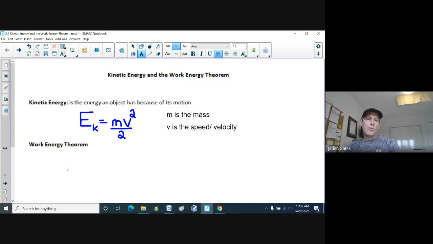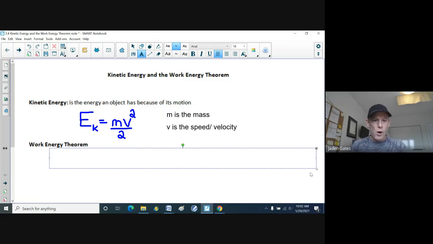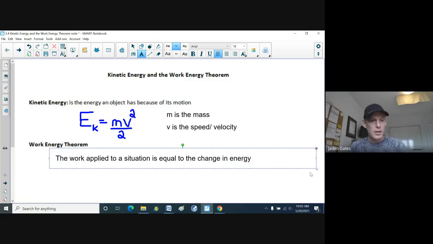Now, how this relates to work is that the work, and this is something I talked about earlier but didn't really define, the work applied to a situation is equal to the change in energy in that situation.